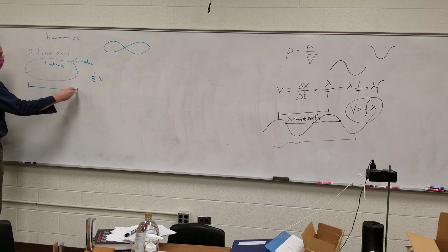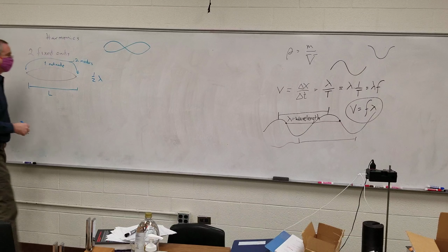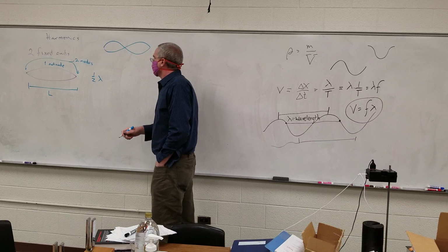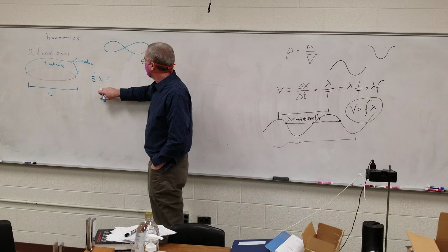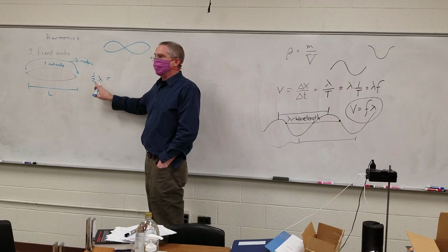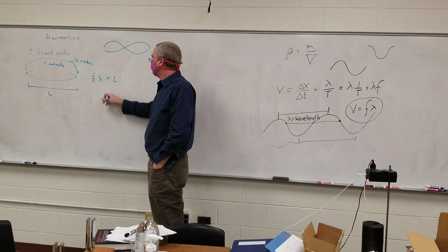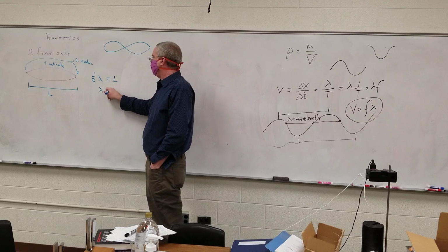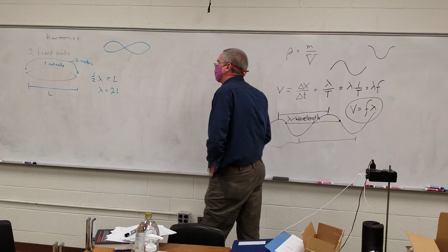And there's some distance between them, we'll just call that L. So that's half a wave, so the length there is half a wavelength. Or the wavelength is just 2 times whatever the distance between the endpoints is.